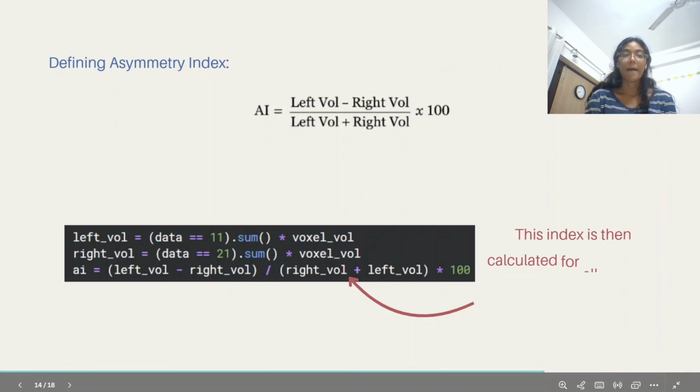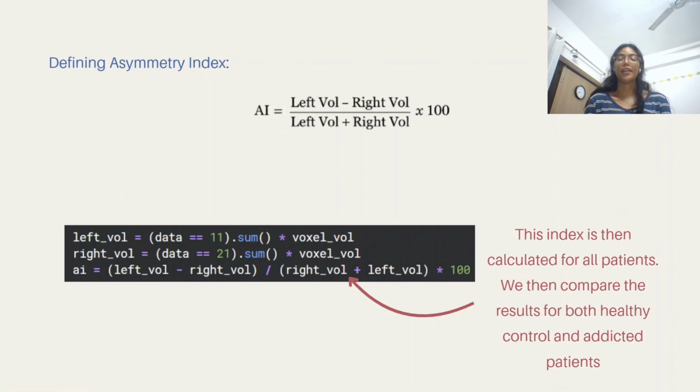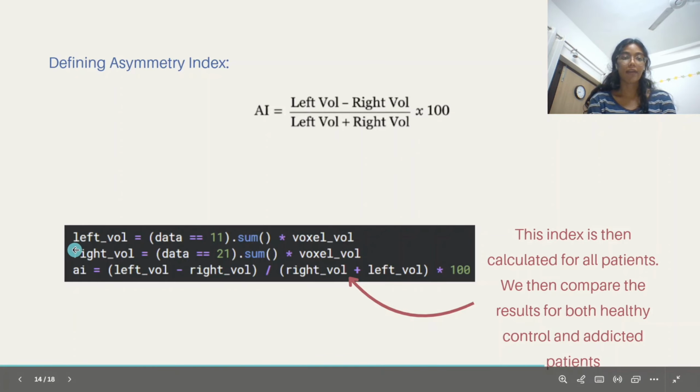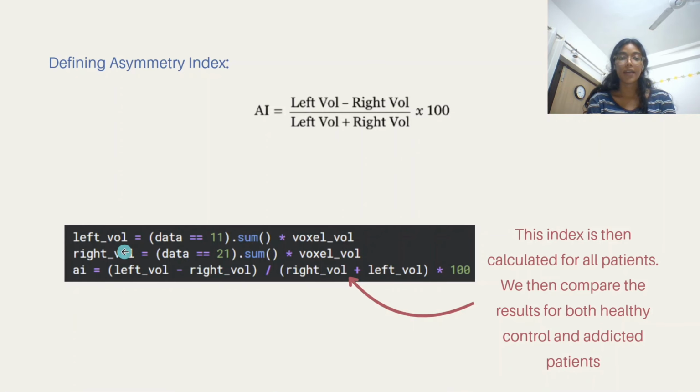Moving on to the next part, which is defining the asymmetric index. Asymmetric index is nothing but the difference in the left NACC volume and the right NACC volume. And I've taken a ratio so that I'm able to compare it with all the participants in my data set. There's a small code snippet over here where I've written the left volume is equal to, I've taken only the voxels, the 3D pixels, having index 11 for the left NACC.